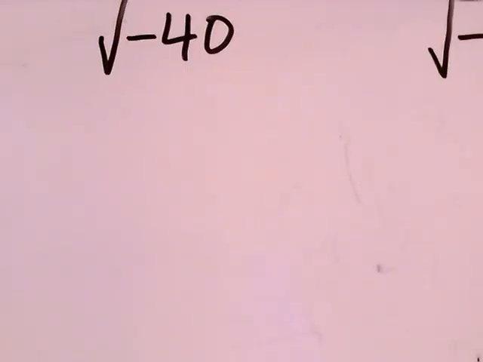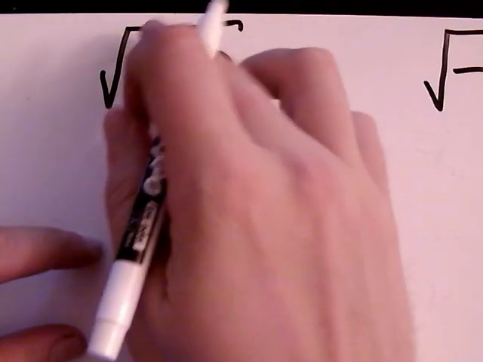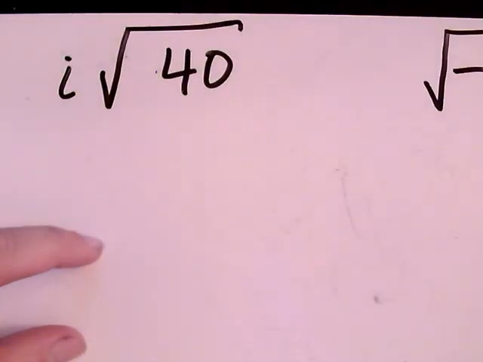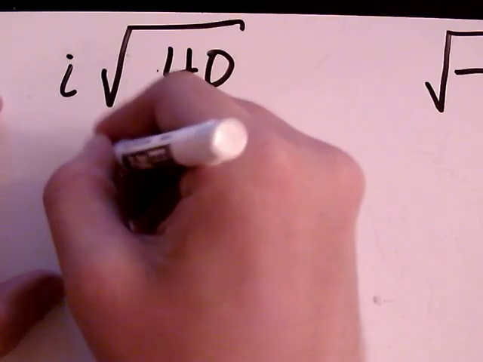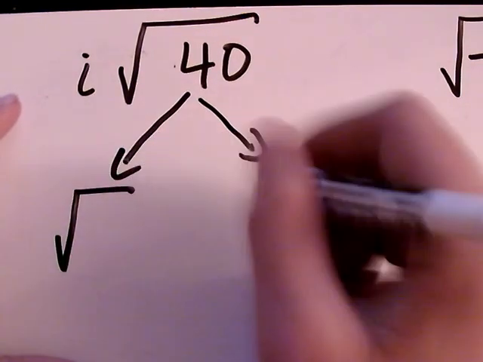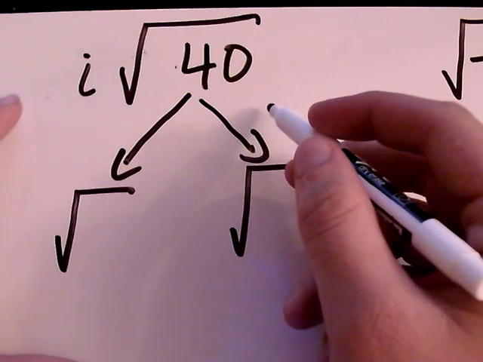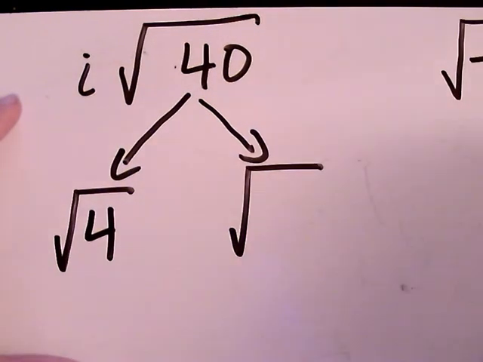But when it's not, like in these cases, we're going to start with this one on the left. The square root of -40. First, what I would tell you to do is get rid of that negative and put it out here, because it makes life easier. But you can't forget that. Now, since 40 is not a perfect square, you have to separate it into at least one number that is a perfect square. You can do 20 and 2, 5 and 8, but we want one of these to be a perfect square, like 4, and then 10.